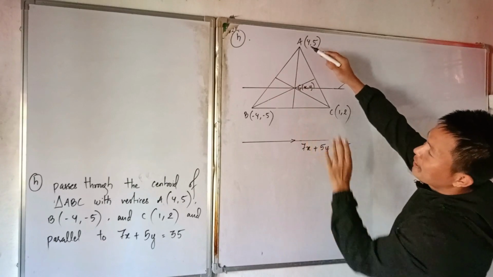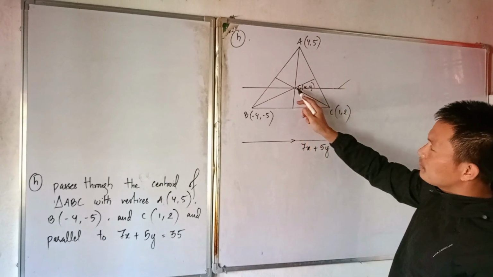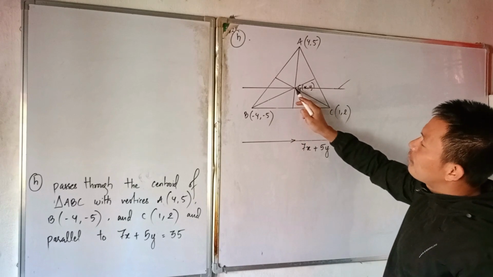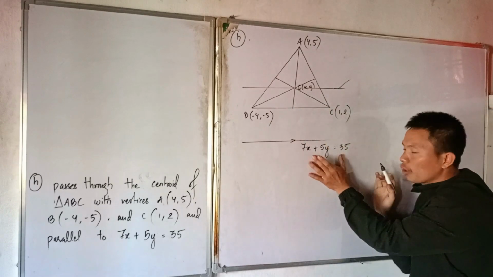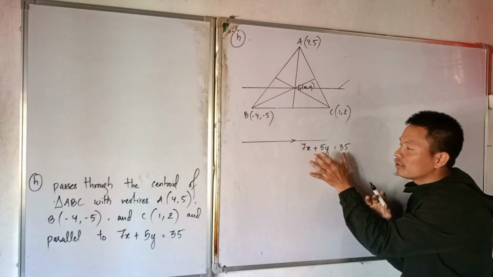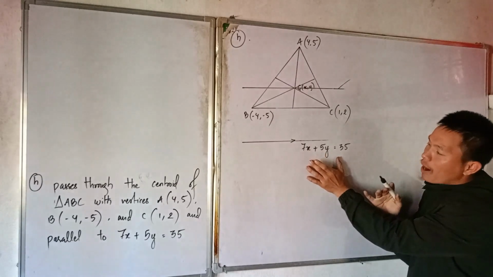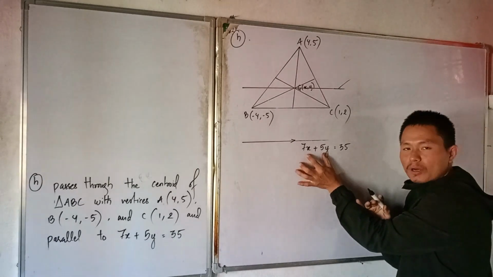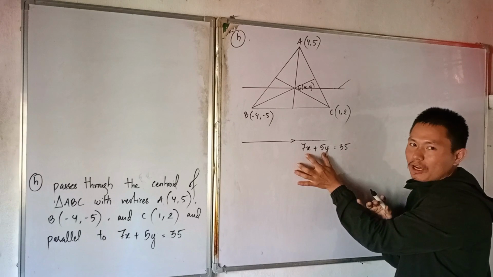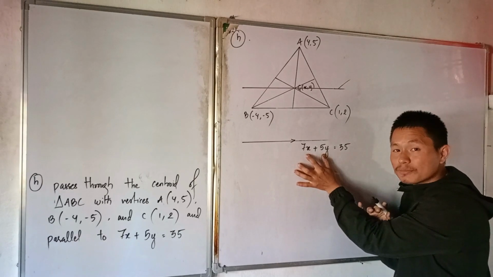So the idea is, first we have to find this point. After finding this point, you suppose the line that is parallel to this line. While you suppose this, this portion will not change, only the constant term changes.